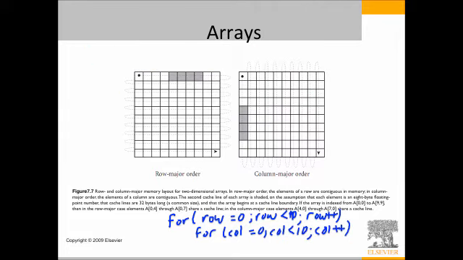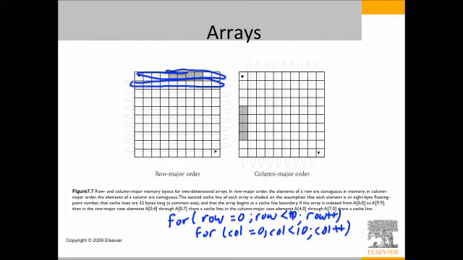The reason I should do things this way is that when I now go through my array, I will first go through the first 10 items, then I'll go through the second 10 items, and because we typically bring in a set of things on a cache line, it will be much more efficient because the next element will already have been brought into the cache from memory.